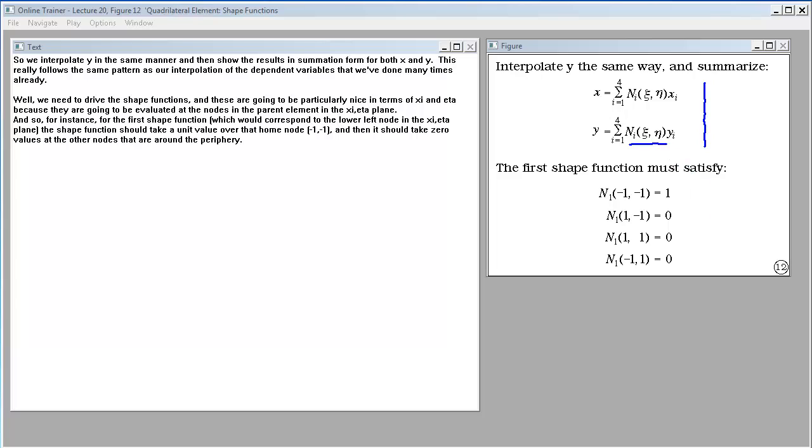And so, for instance, for the first shape function, which would correspond to the lower left node in the xi eta plane, the shape function should take a unit value over that home node, -1, -1, and then it should take 0 values at the other nodes around the periphery.